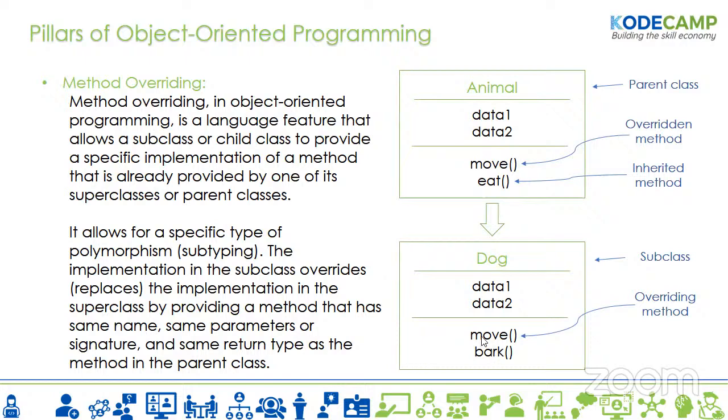So this is happening at runtime because here it does not know at first if there is any move in this dog class specifically, because the dog class can be inheriting the move from this animal. But now, since we have move here, it will first check, is there move here? If there's a move here, then I want to override the one that is here. Let's check now. We have a back here.